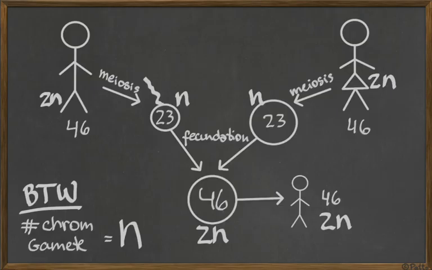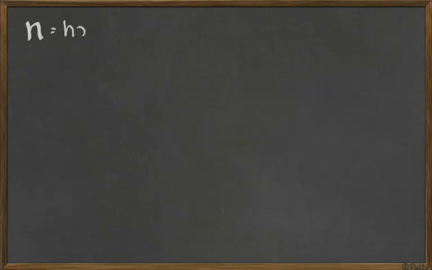So in the case of human beings, N equals 23, which is the number of chromosomes that we find in a gamete cell. And 46, the number of chromosomes that we find in an adult cell, is going to be called 2N. Okay? There's another nomenclature for N and 2N. This may be a little bit confusing.